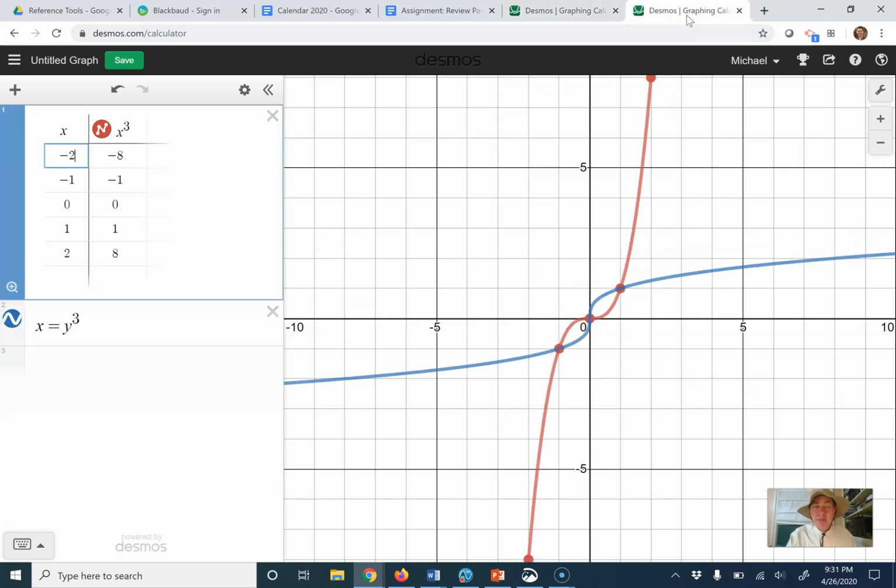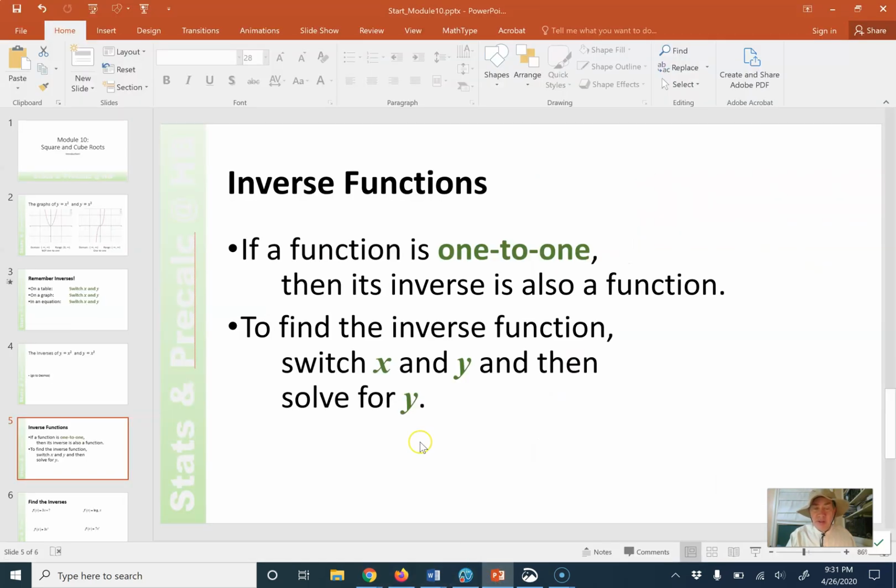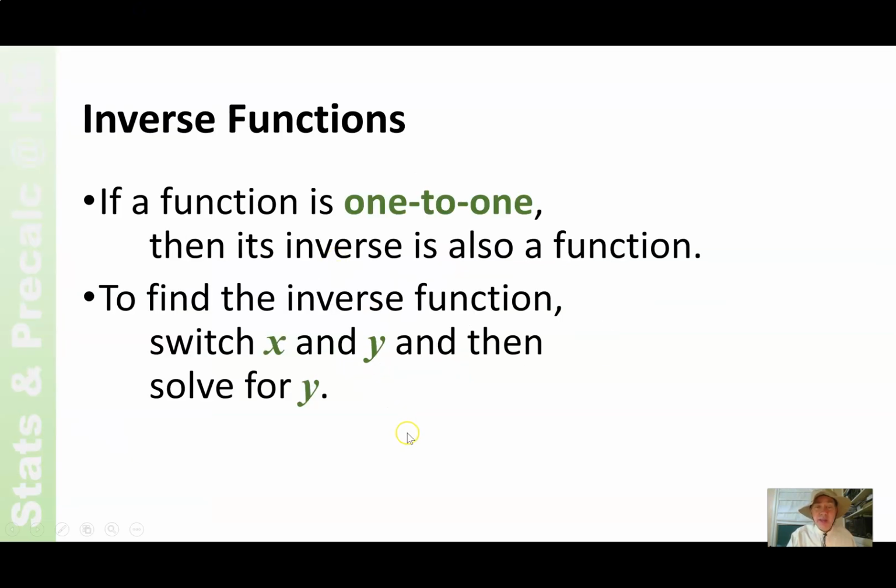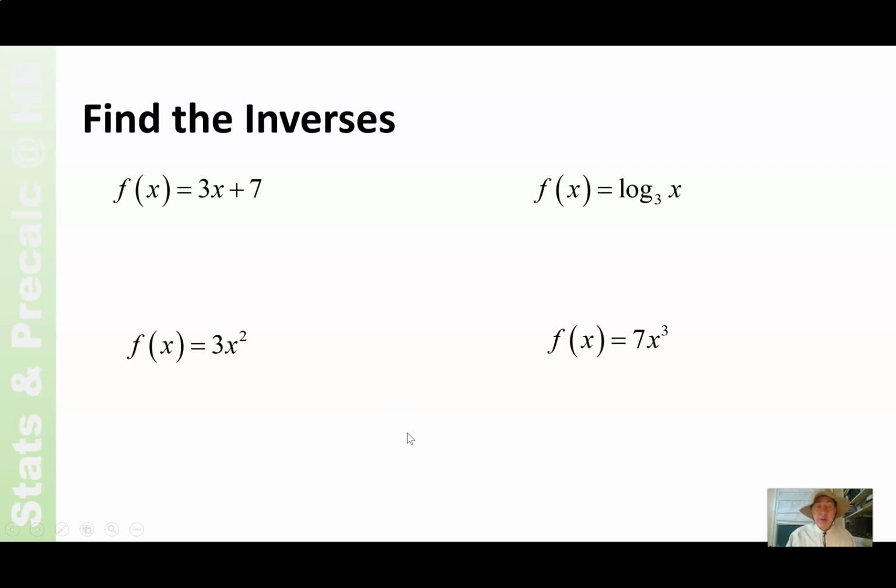But in the meantime, we've got the inverse functions. The inverse of a one-to-one function is also a function, like x cubed. The inverse of a function that's not one-to-one is not a function, like x squared. To find an inverse function, switch x and y, and then solve for y. A couple of practice ones just to remind you of how this went.